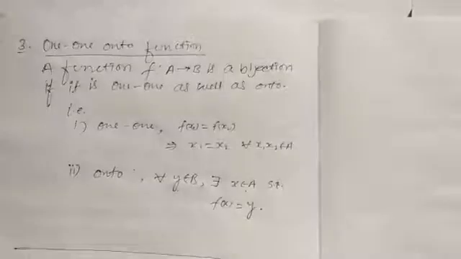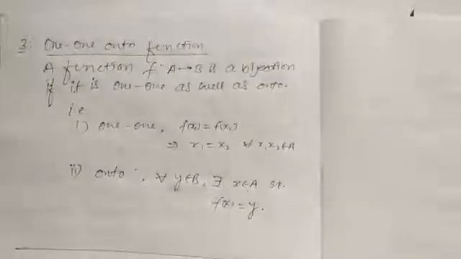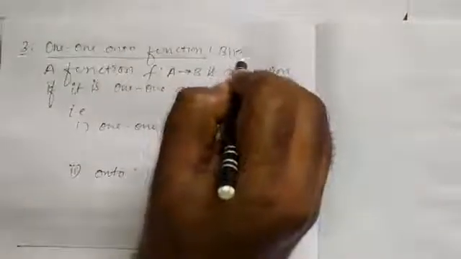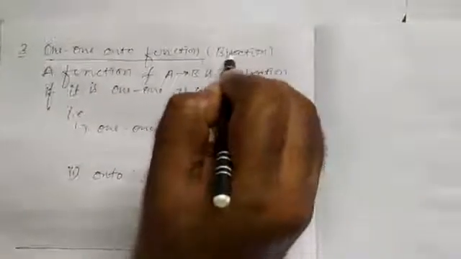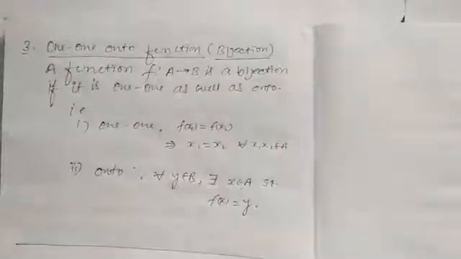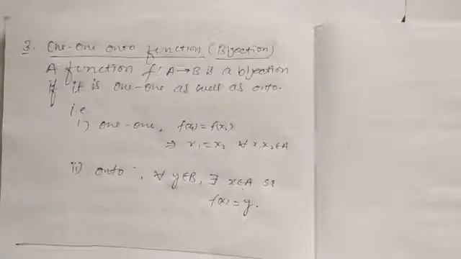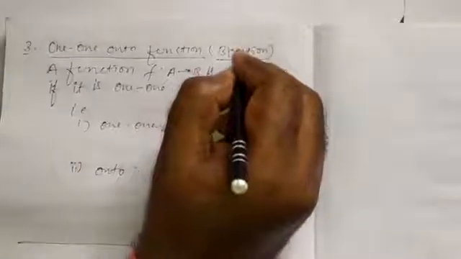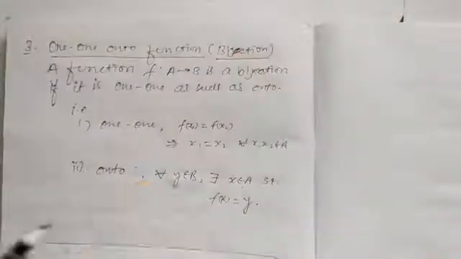Now, students, the third type of function is one-one onto function. This is called bijection. A one-one function is called an injection, an onto function is called a surjection, and a one-one onto function is called a bijection.